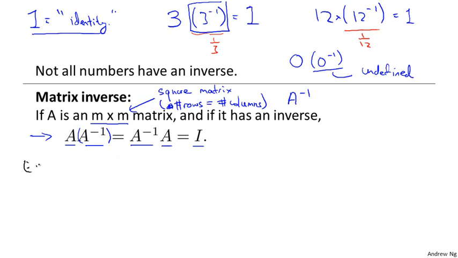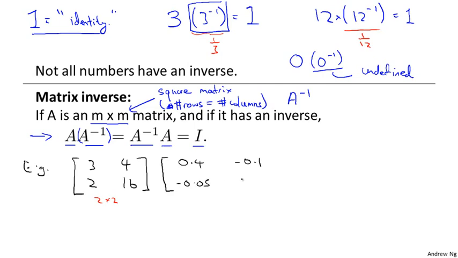Let's look at a concrete example. So let's say I have a matrix 3, 4, 2, 16. This is a 2 by 2 matrix, so it's a square matrix, and so this matrix could have an inverse. And it turns out that I happen to know the inverse of this matrix is 0.4, -0.1, -0.05, 0.075.